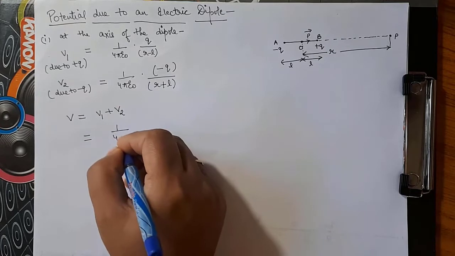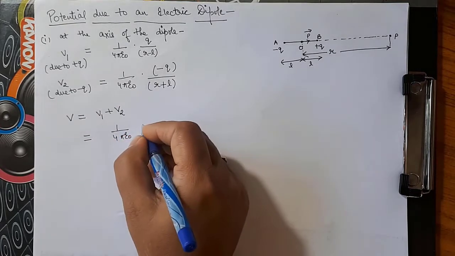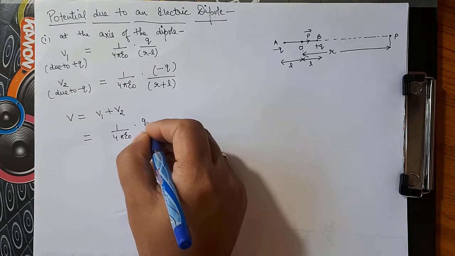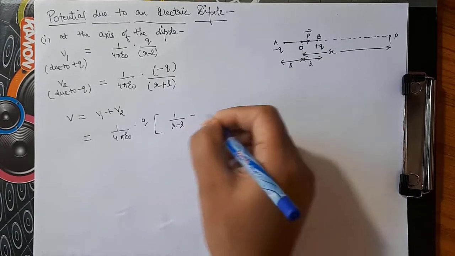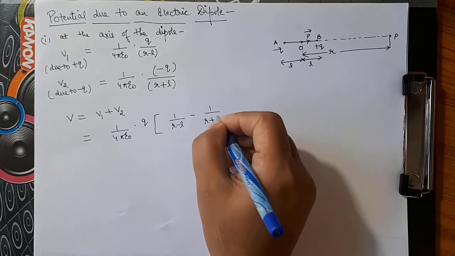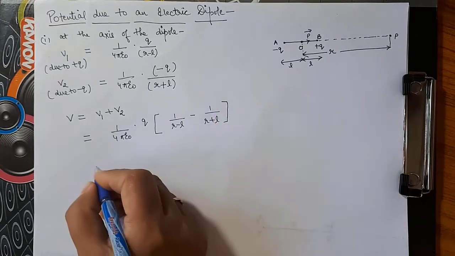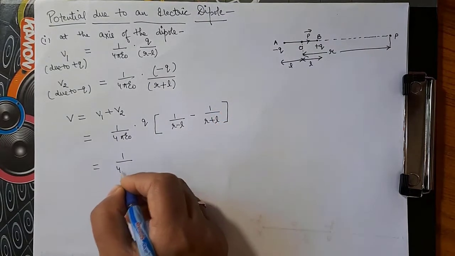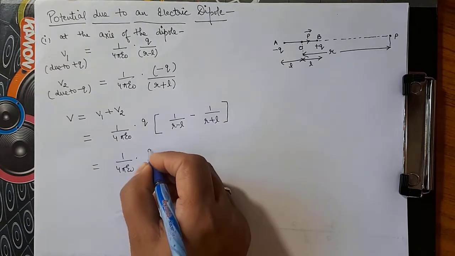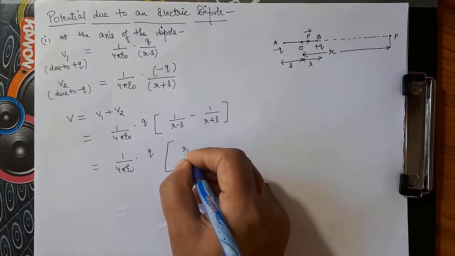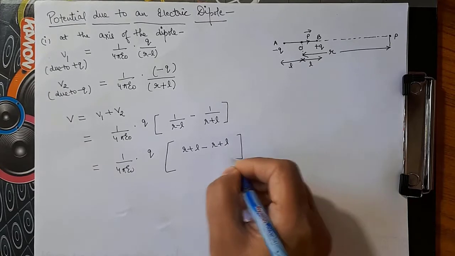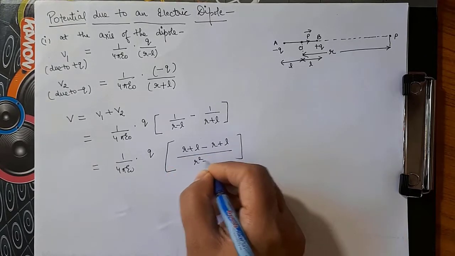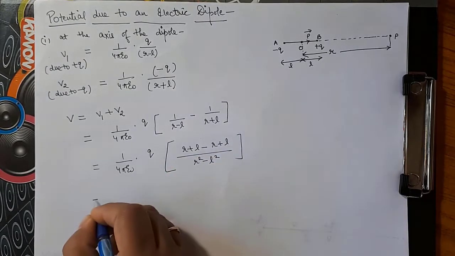When we calculate the sum, 1 upon 4 pi epsilon naught and q are the common terms, and we can write the rest of the terms in this manner. Simplifying it further, we will get r square minus L square in the denominator.